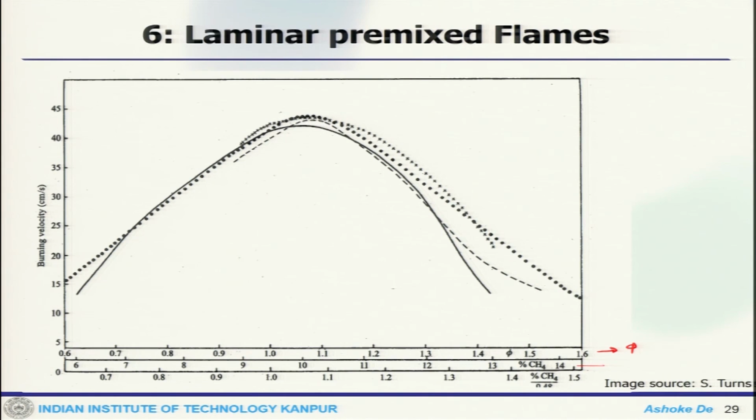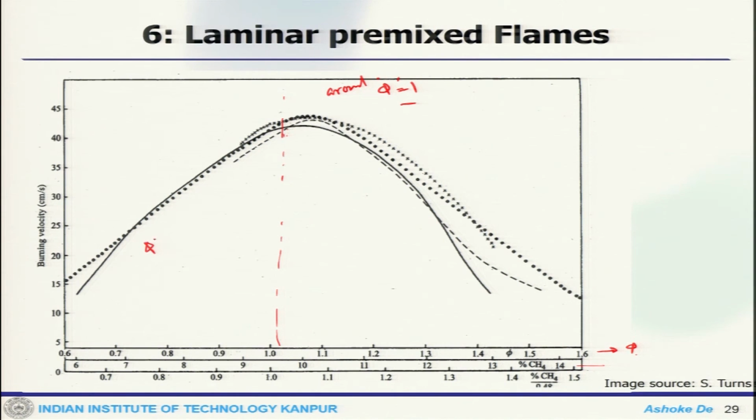What you can see clearly, and this is a very unique characteristic of hydrocarbon fuel, is that if you plot the laminar flame speed against phi, you get a peak around phi equals 1, that is the stoichiometric. So, there will be a peak.